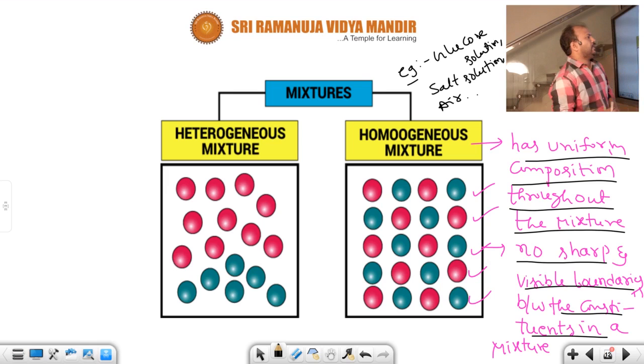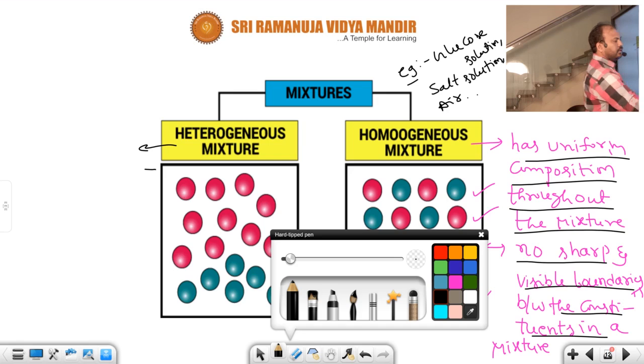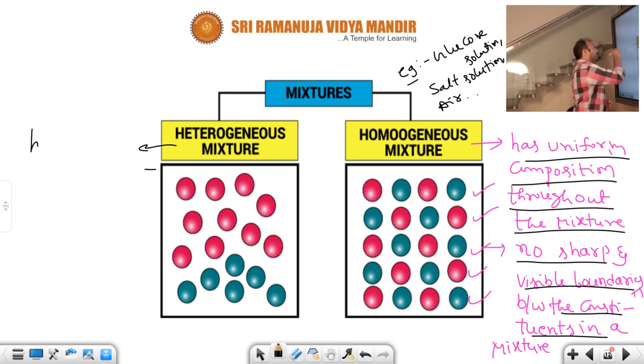These are the examples of homogeneous mixtures. Heterogeneous mixtures have no uniform composition.